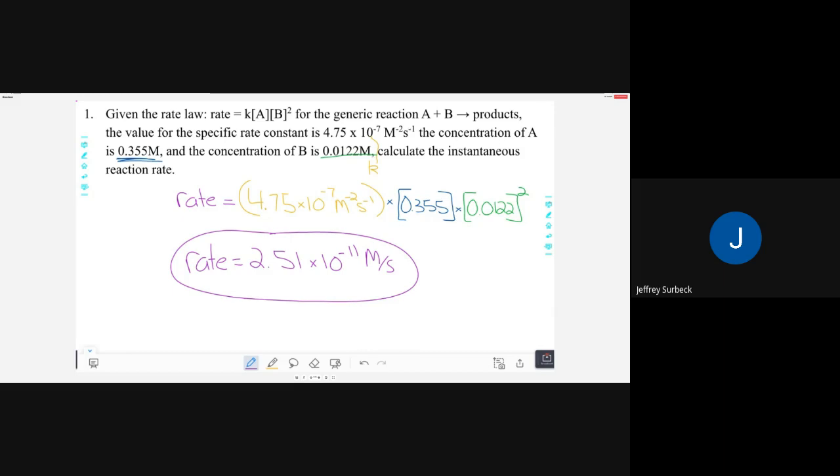Now you're going to view these as 2 different problems. Problem A says we have a concentration of 0.01. You're going to find the rate, and then you're going to say, what is the rate of problem B, which says what is the concentration of 0.2. Questions?